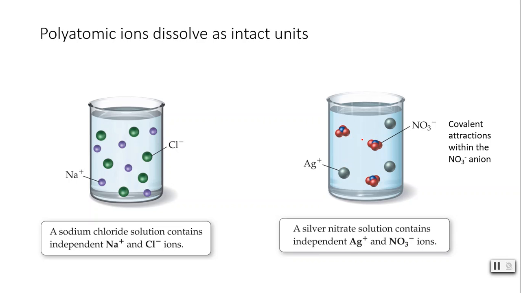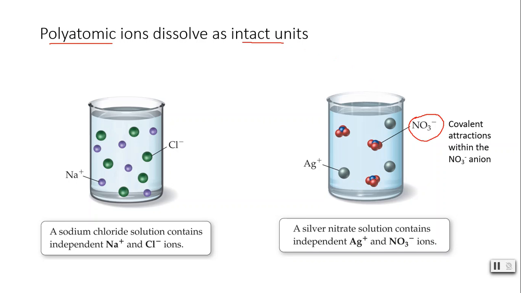When I dissolve that silver nitrate, the cation and anion will still dissociate, but realize that the polyatomic ions are groupies, remember, they like to stay together. So polyatomic ions, when present in a compound that is soluble, will dissolve as intact units, kind of like the OH from the previous strong base example.